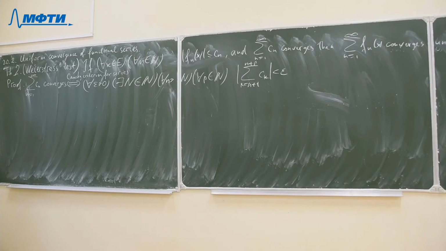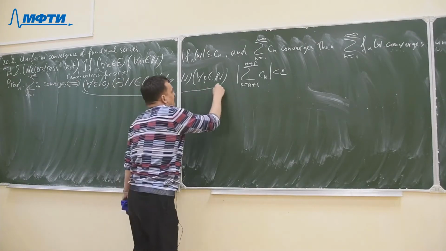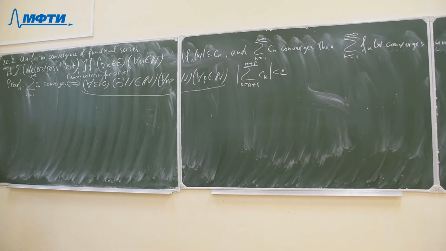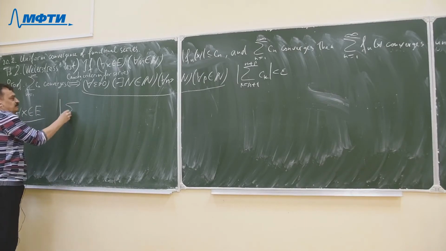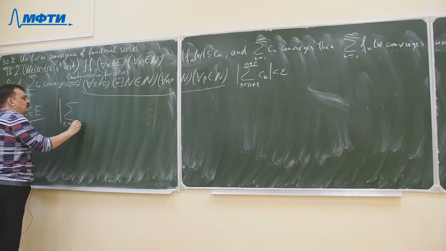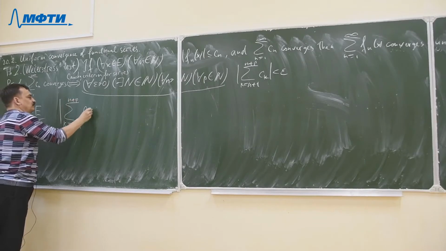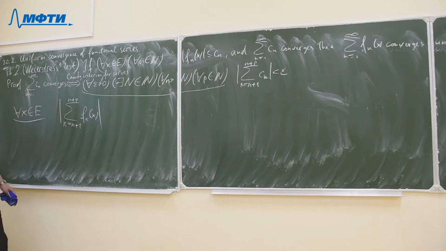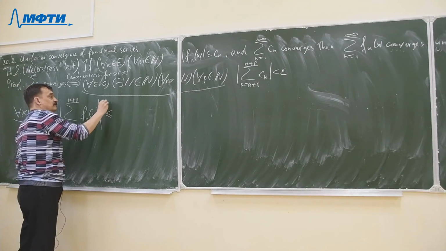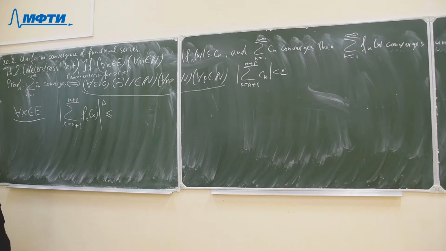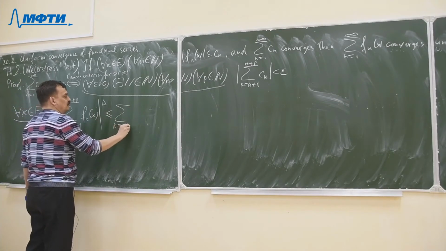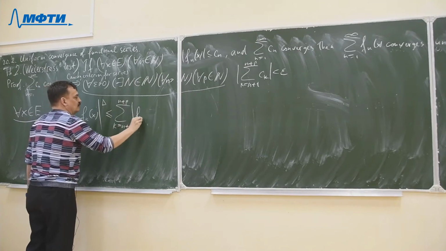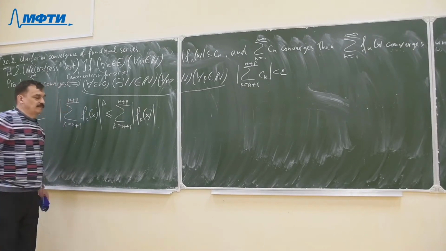Now look, I take all those quantifiers. So let them be the same. And then for arbitrary x in E, I can write the following estimate. Sum k from n plus 1 up to n plus p of fk(x). So first of all, the triangle inequality says that we have the sum of moduli of fk.